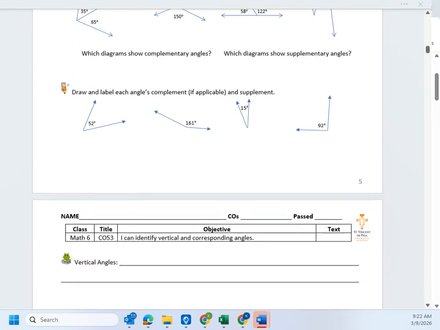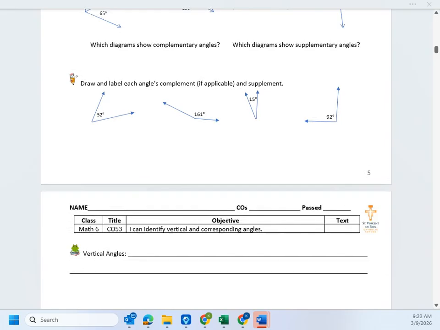Then, down below it says draw and label each angle's complement if applicable. What would a complement be? If it says draw and label its complement. Rhoda? The second angle. The second angle for it to equal a complementary angle.